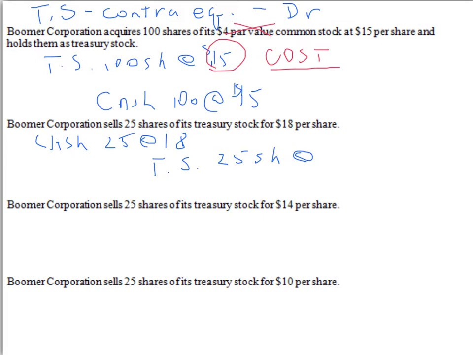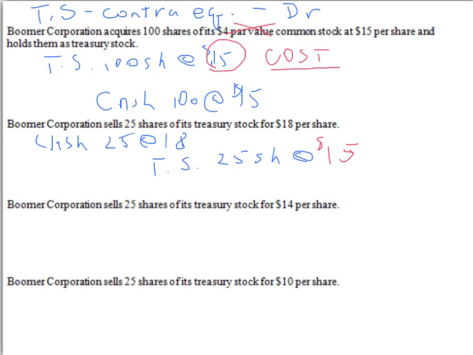Again, I'm going to disregard par value and stick to my cost. So I am going to put $15 a share right here. Well, I'm off because I actually managed to sell my treasury stock for more than what I originally purchased it for. So $18 versus $15, I am $3 off.